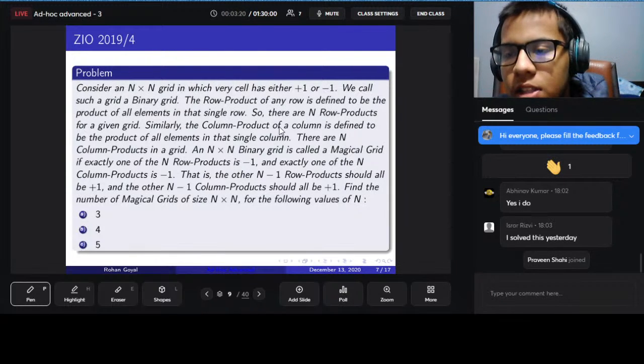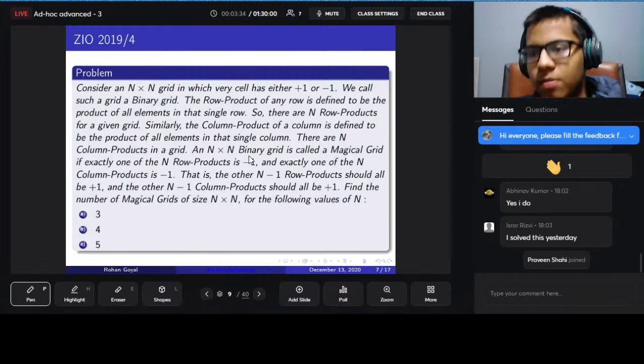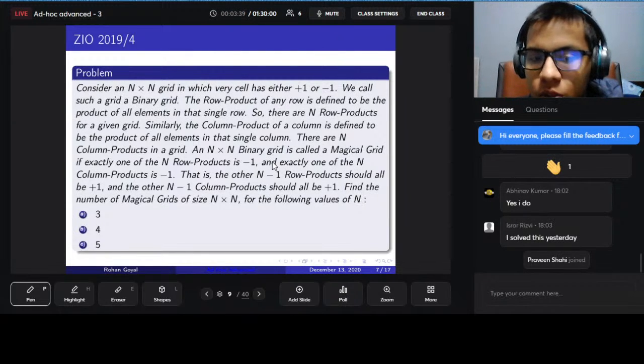Because there are n rows, by definition there are n row products, and similarly n column products are defined. We want exactly one of these to be minus 1 and the rest to be 1. So one column product should be minus 1 and one row product should be minus 1. So how many grids are there that satisfy this condition?